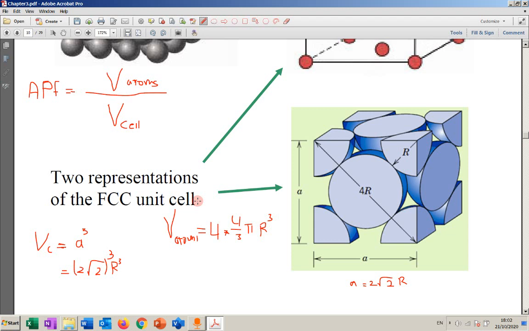Now when we bring them back here, this will be 16 over 3 pi R cube, and at the bottom we have 2 root 2 cubed, and R cube. Now R cube with R cube will go.